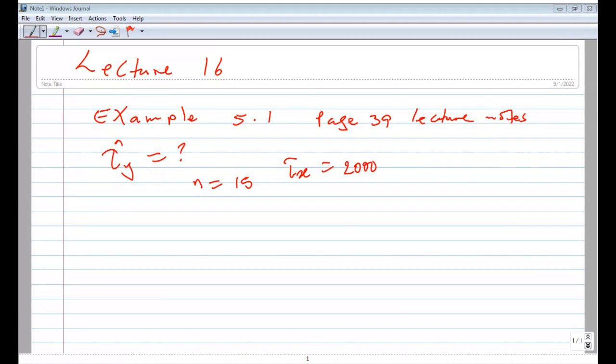Now, remember our main idea is to estimate the total weight of apple juice, or the total sugar content, sorry, which is tau y.